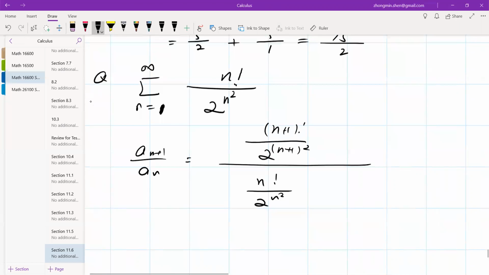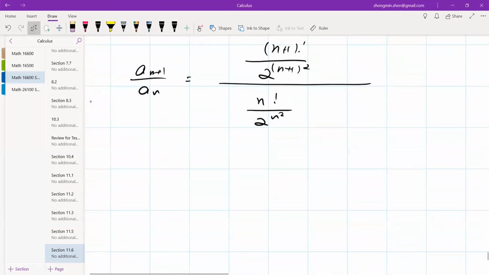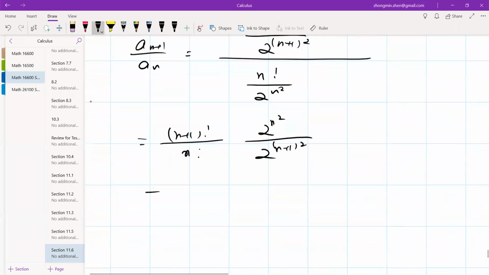You have to write down clearly. Here's n plus 1 factorial over n factorial, no problem. This is 2 to the (n plus 1) squared, that's 2 to the n squared. So that requires your simple algebra skills. How do you simplify it? This side is going to be n plus 1, no problem.